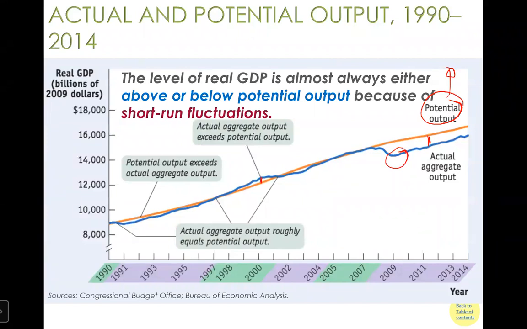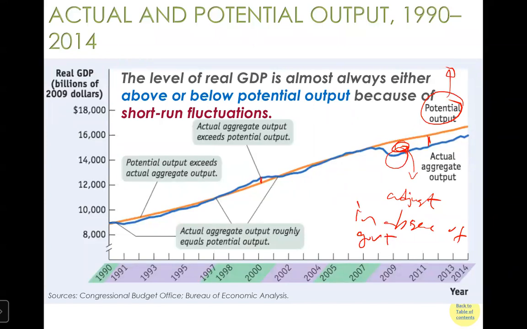Okay, now we are ready to understand what caused this gap. And also we are going to discuss how the economy is going to adjust. This is in absence of government, right?